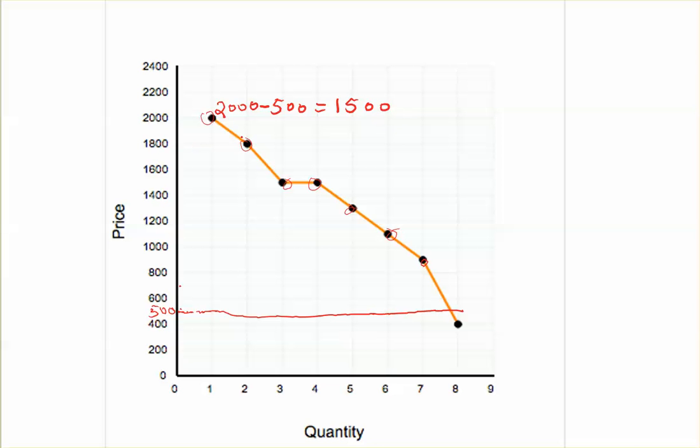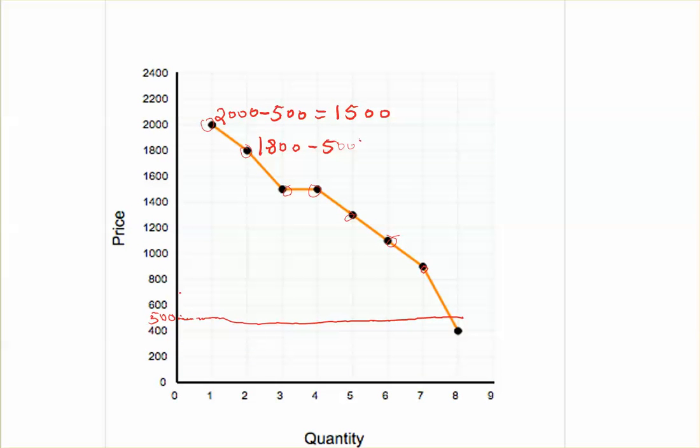The second consumer is willing to pay $1,800. So that's $1,800 minus $500, which is the market price, and you will get $1,300.